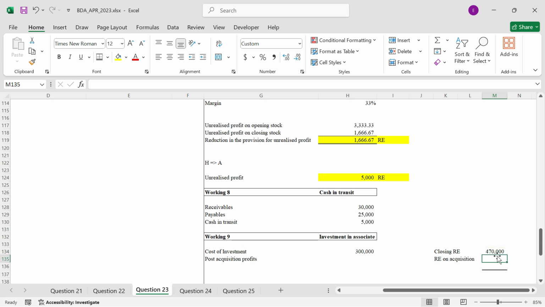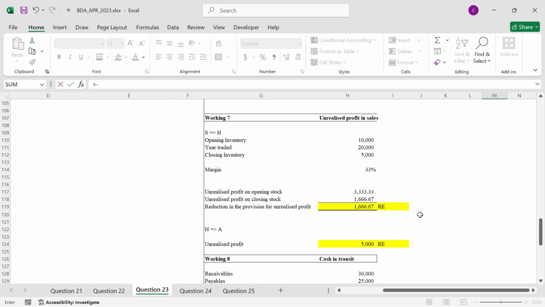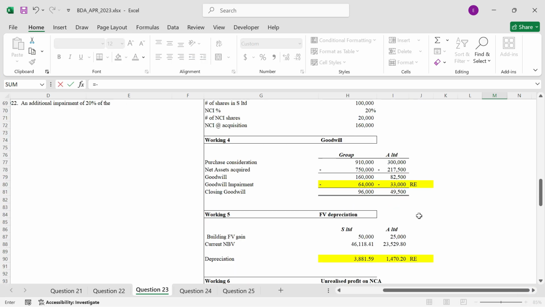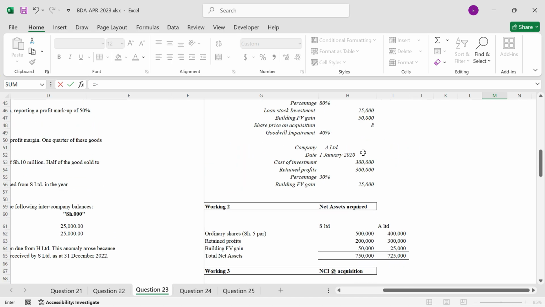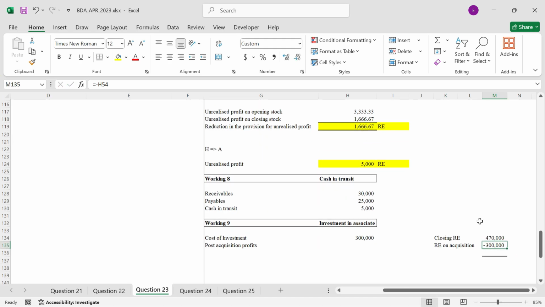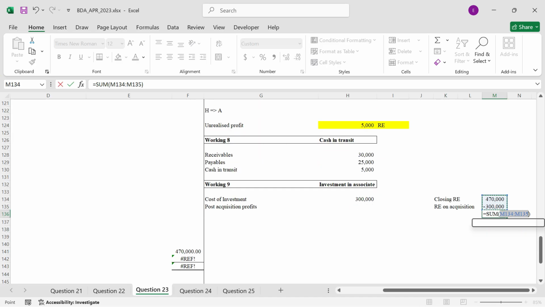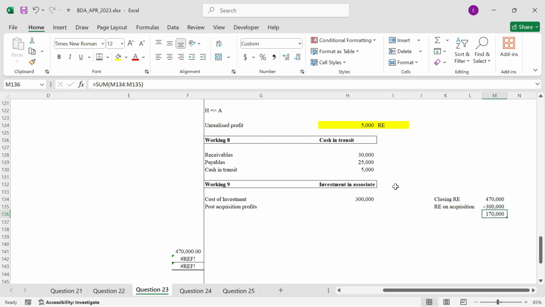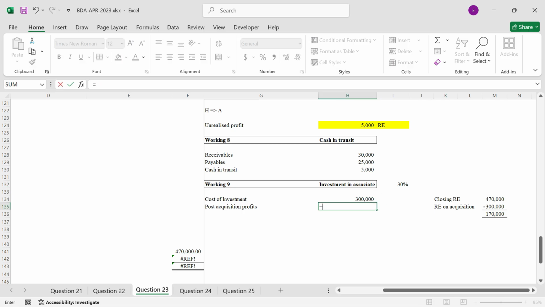From that, I minus the 300,000 I had on acquisition, so that the post acquisition profit is 107,000. But remember, in my associate, I only own 30%. So this would be 30% of 107.